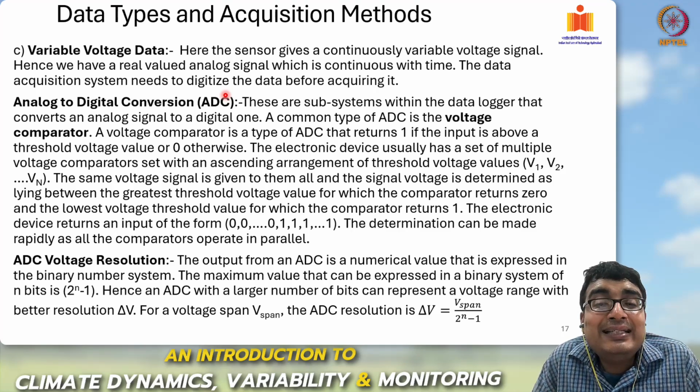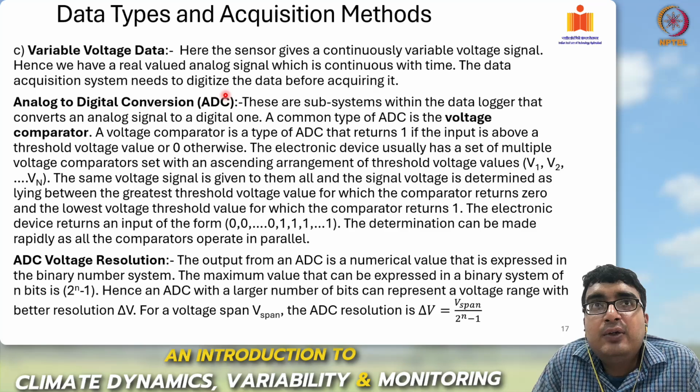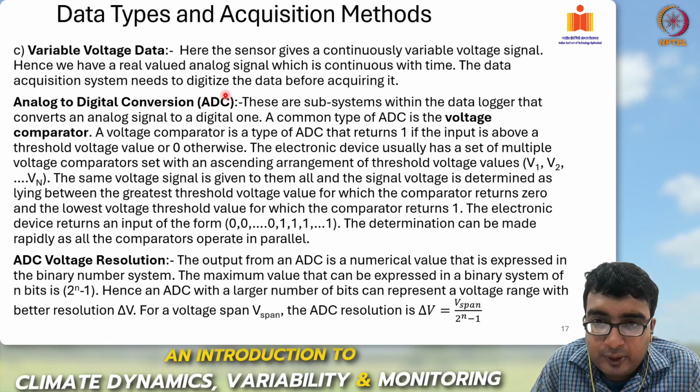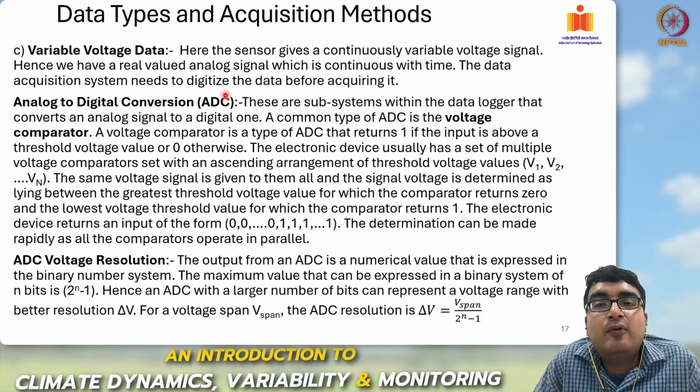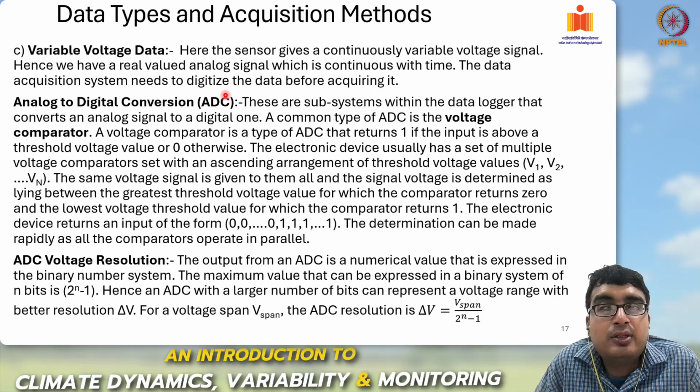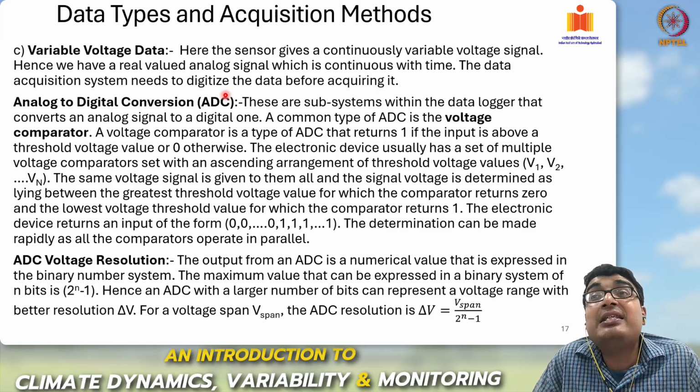Now, this is above the threshold value for V1 equals 0.1, so it returns 1. It is above the threshold value of V2 equals 0.2, so it returns 1. V3 equals 0.3 returns 1. V4 equals 0.4 returns 1. V5 equals 0.5 returns 1. V6 is 0.6.